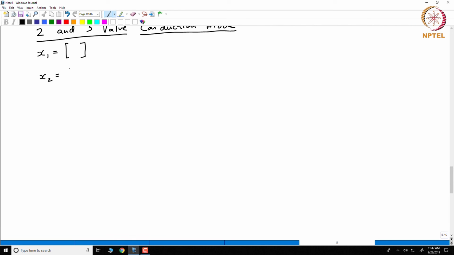See, by definition, our state vectors are column matrices, so it should have one column. It can be empty, which means the number of rows should be 0. So x2 is an empty matrix. I denote an empty matrix just by square brackets without writing anything within the brackets. If you want, you can note down this is a 0 cross 1 empty matrix.